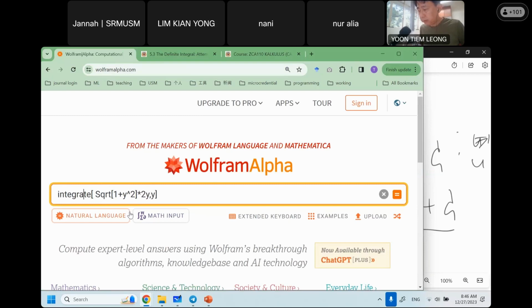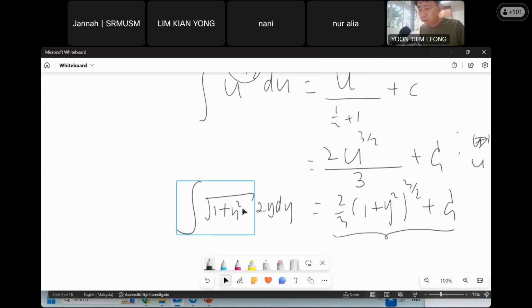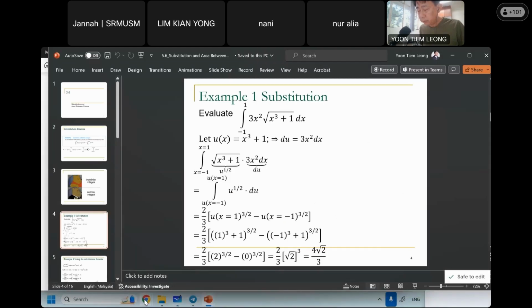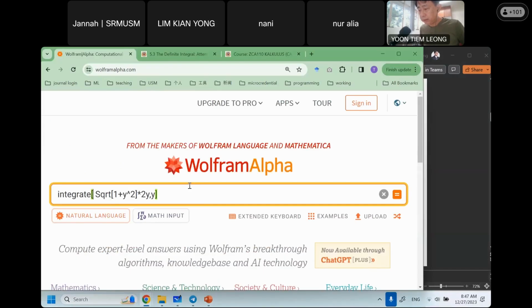So this is the integration I want to integrate, the square root of 1 plus y squared times 2y, with respect to y. So this is what I write.